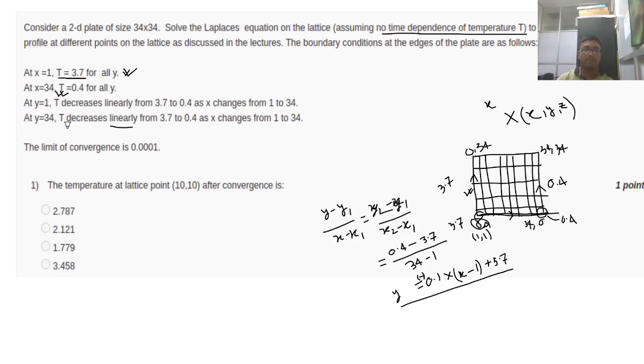Also we have another point at y equals 34, where again along this the temperature is decreasing linearly. Also the limit of convergence is 0.0001. So what does it mean by limit of convergence?